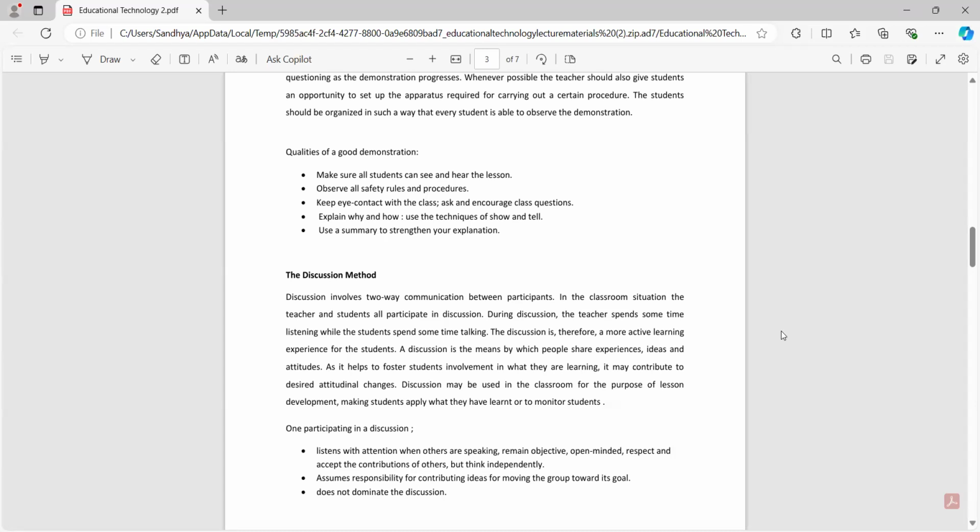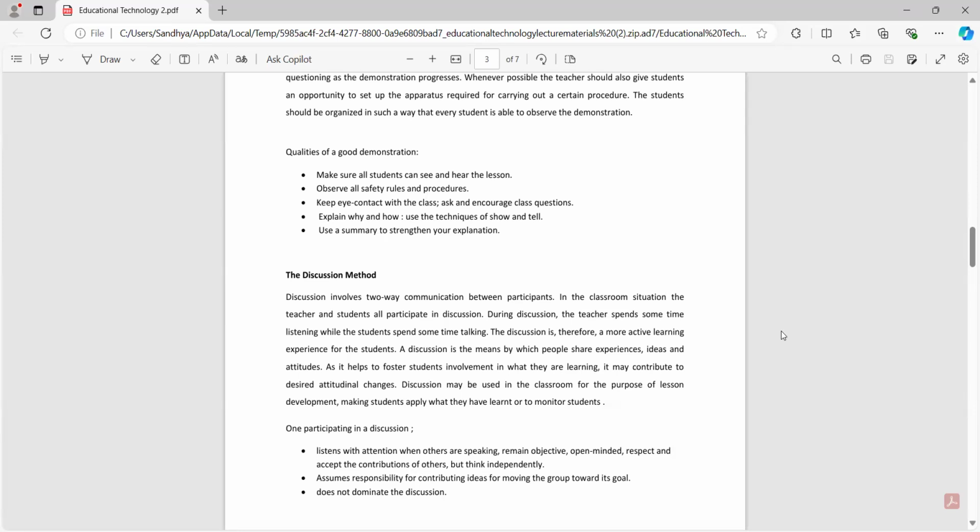They discuss, they present their ideas, they interact with each other, with the teacher, and with the other students, and they actively engage in the discussion. So this is grounded on the student-centered approach.